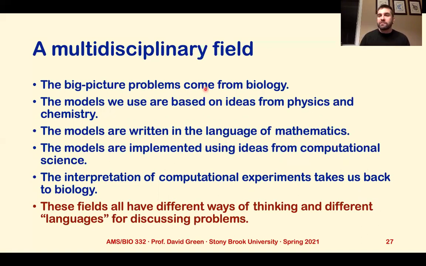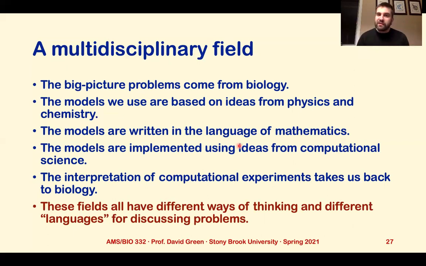Many of the models that we develop, you will see, are grounded in ideas that come from physics or from physical chemistry. The models are written down using the language of math, but they're complicated enough that we need to implement them using the ideas of computational science.